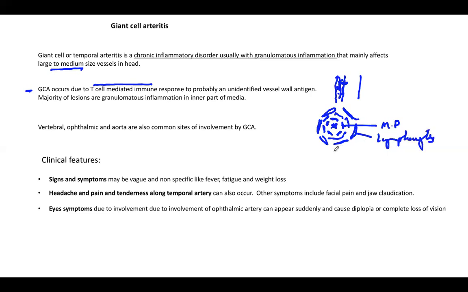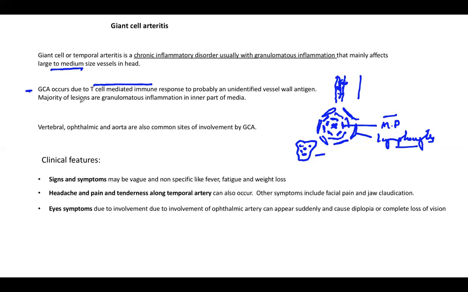Then some of the macrophages fuse, their cell walls fuse, and they form large cells which have more than one nucleus, and these are called giant cells. So the histopathological features will be macrophages, lymphocytes, and giant cells, and then some changes in the vessel wall. But these are the general features of granuloma.